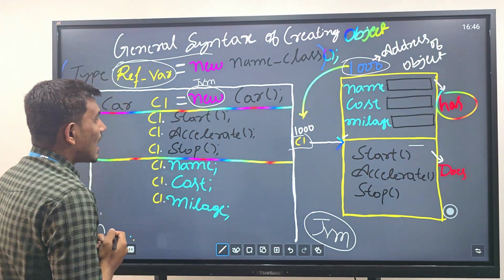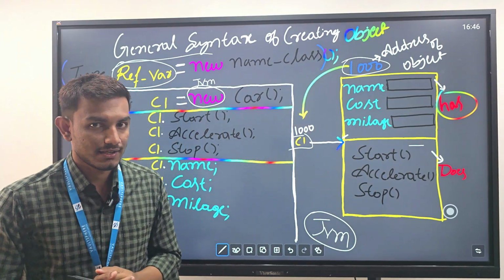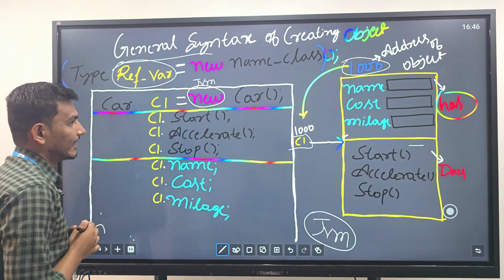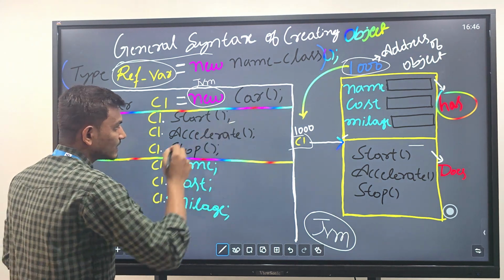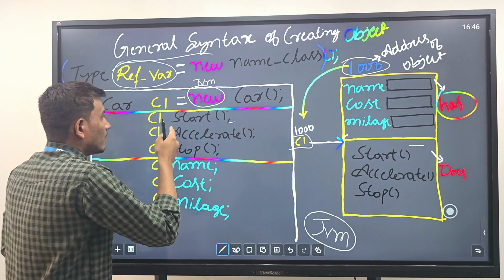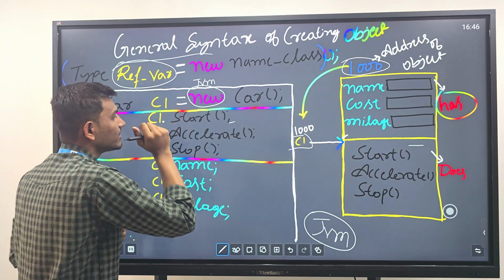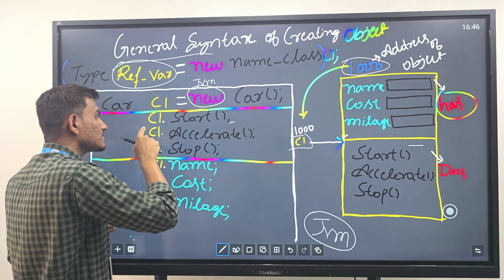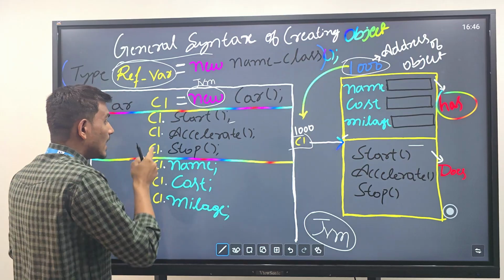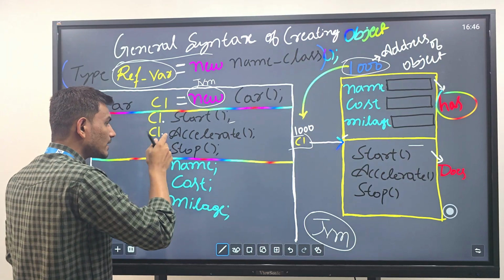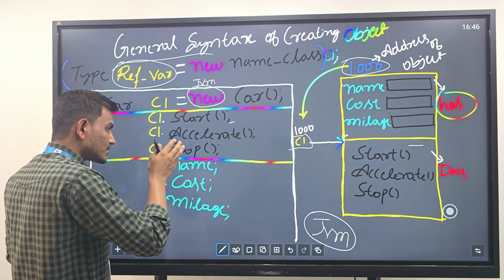Now, after creating the object by following the general syntax, coming to the next line, what I have done is, above you had created the object. Specify the reference variable, after which the reference variable dot operator: start. Again, reference variable dot operator: accelerate. Reference variable dot operator: stop.